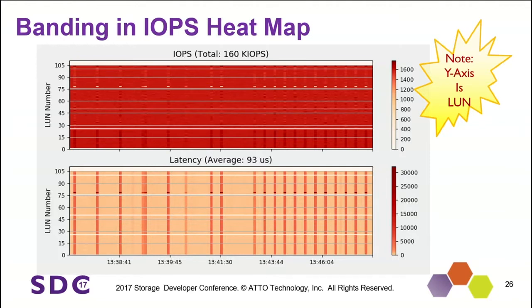And you can see, okay, well, that's fine. Those are my 1 meg random reads. But down here, I see this banding where all the drives are reacting. And it's like, what's going on with that? That looks pretty odd because all the drives are slowing themselves down.